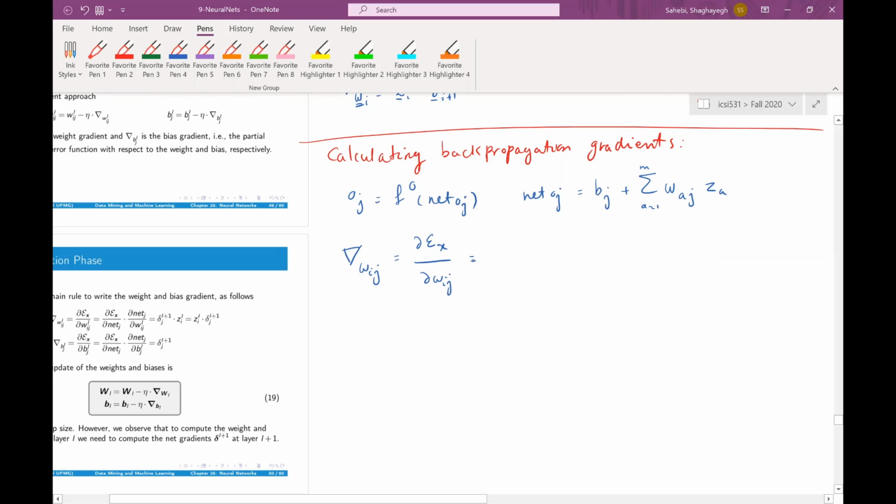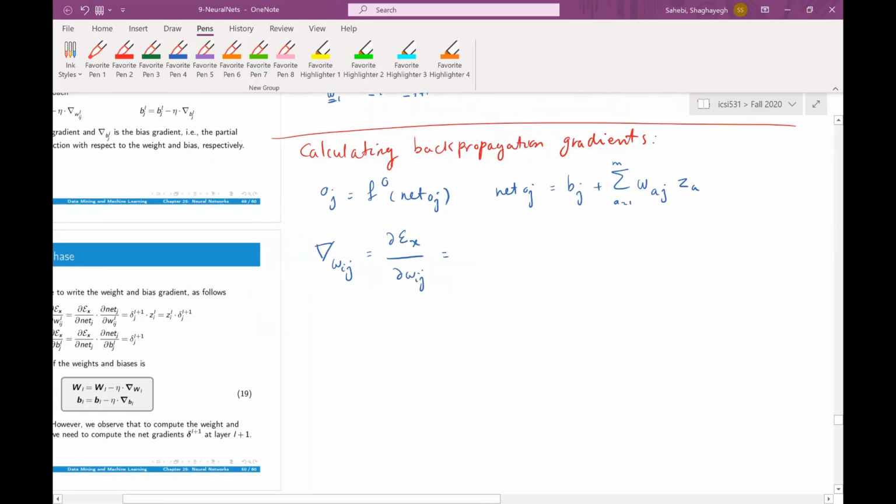Depending on what error is, over this Wij that we have in net Oj. So we can rewrite this as the gradient of error with respect to net Oj, multiplied by the gradient of net Oj with respect to Wij.